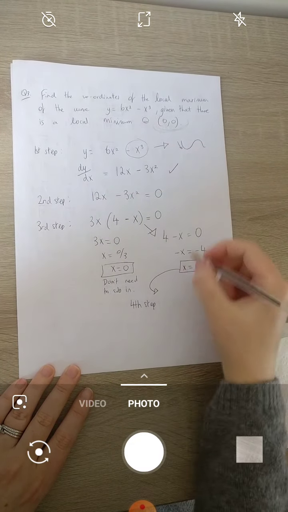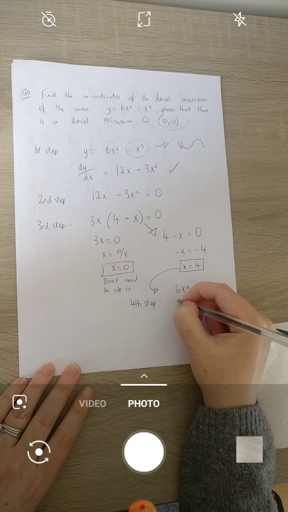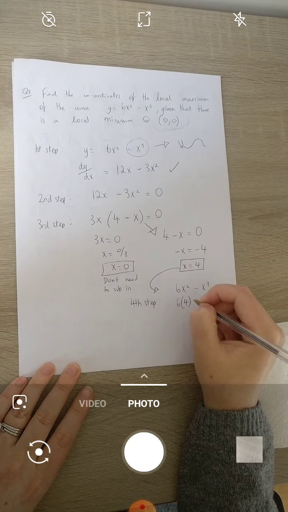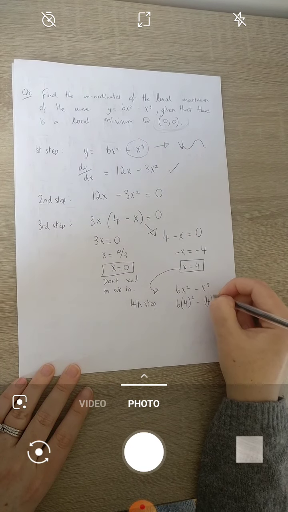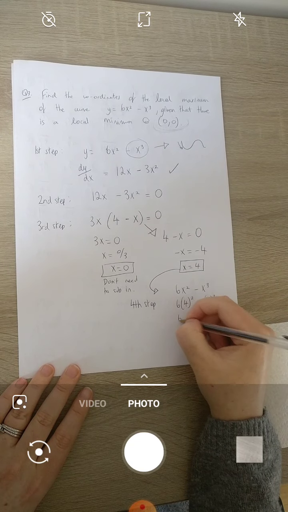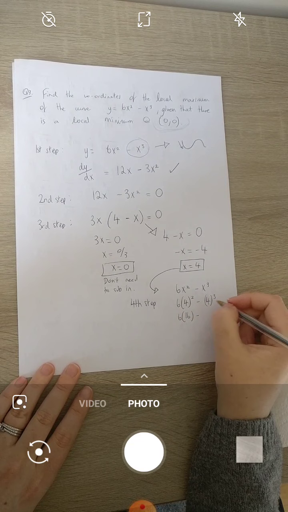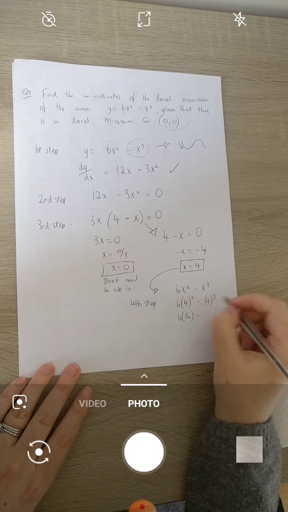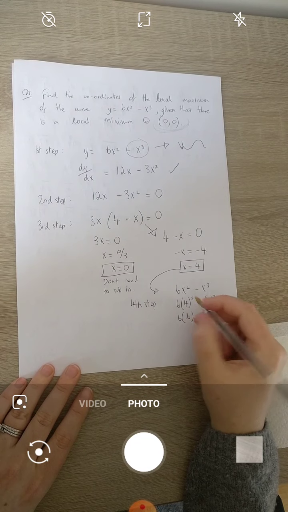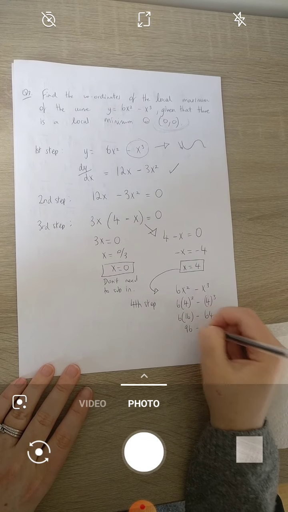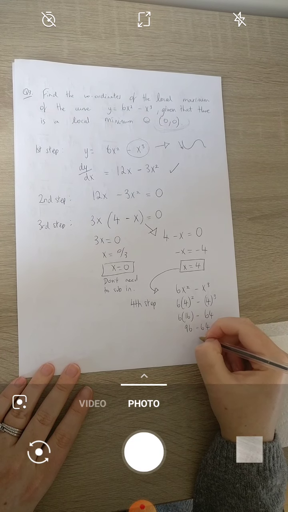We go back to the original function, 6x squared minus x cubed, and sub in 4. So 6 times 4 squared minus 4 cubed. 4 by 4 is 16, by 4 is 64, so minus 64. 6 times 16 is 96, minus 64. So your y value is 32.